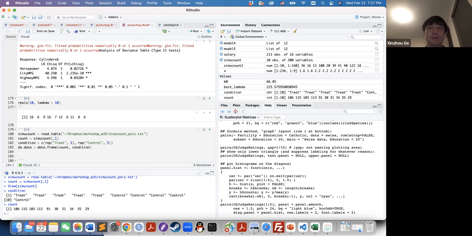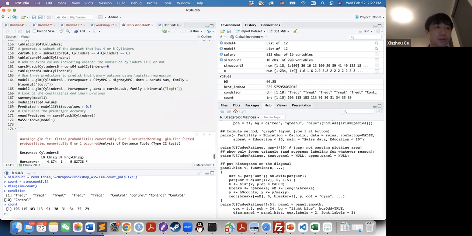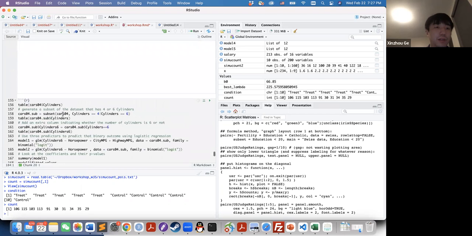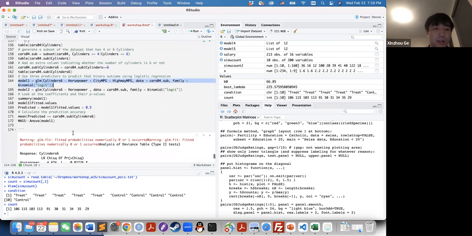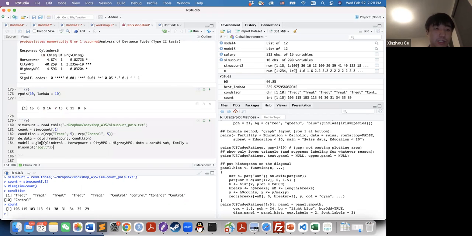And then we can use Poisson regression to solve the regression model. We can use a similar format as logistic regression. So we still use the glm function, and we want to predict count using condition.